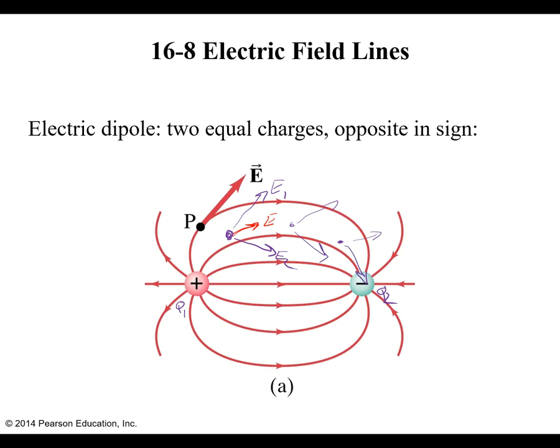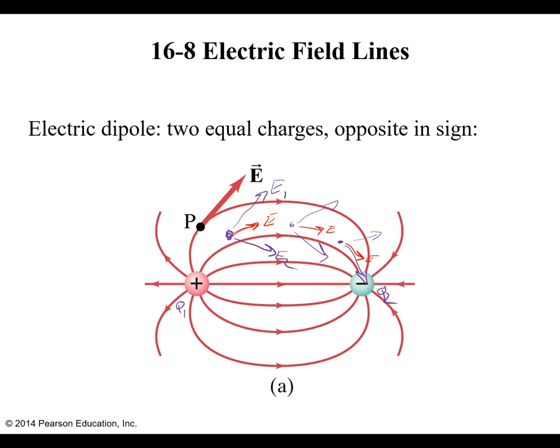I'm trying to do 2 or 3 things at once. And so you can end up mapping out the electric field all around this electric dipole by taking any point and adding the 2 electric fields together at that point. You will not need to actually add them together. You just need to know where these diagrams came from.